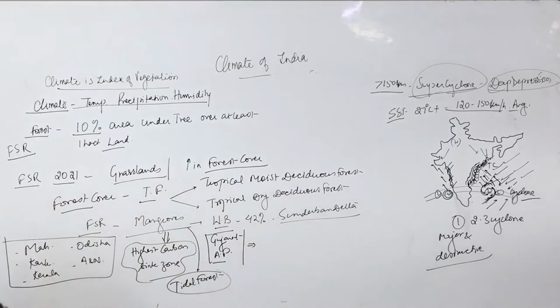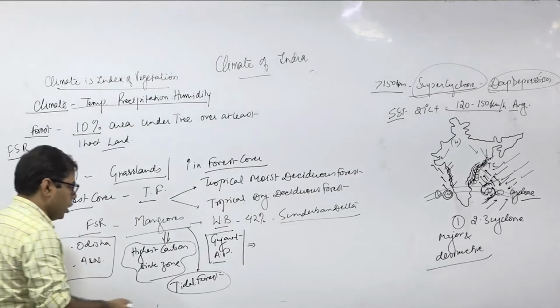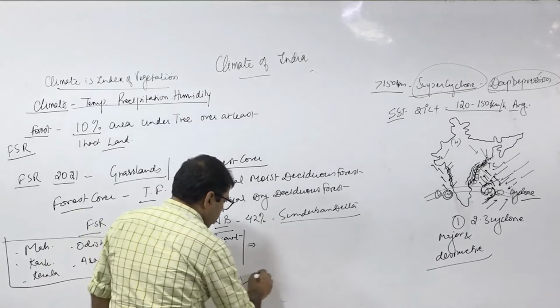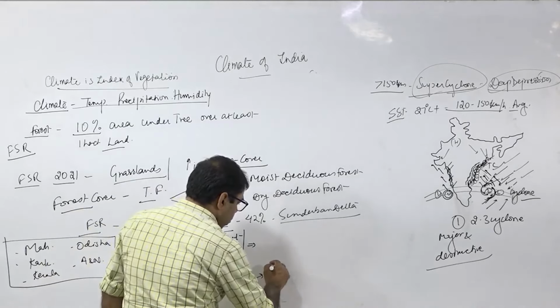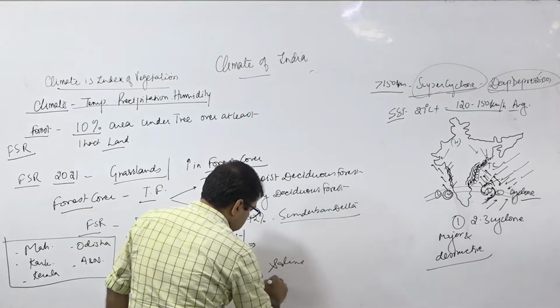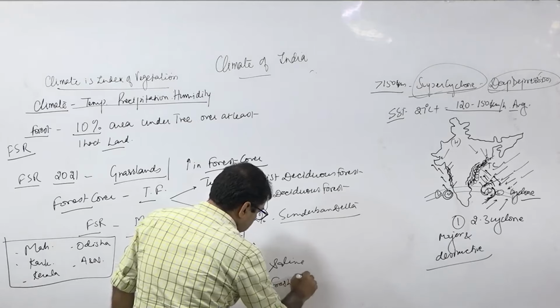Am I clear? They are called tidal forests. These tidal forests are those forests which can live in saline water as well as fresh water.